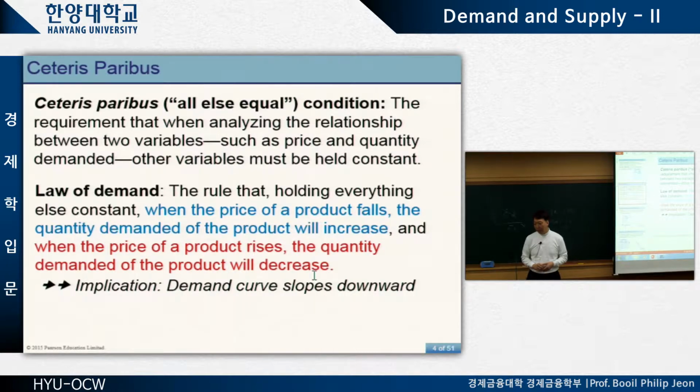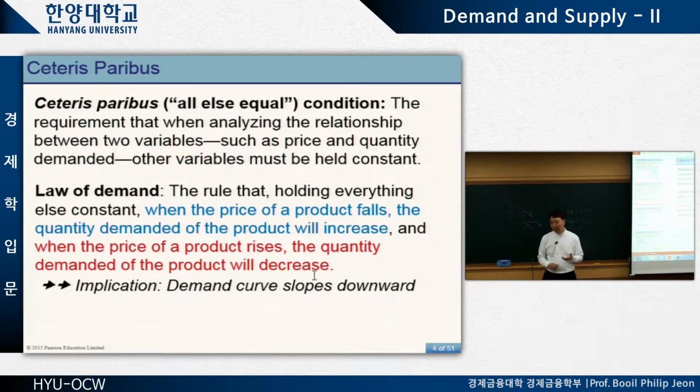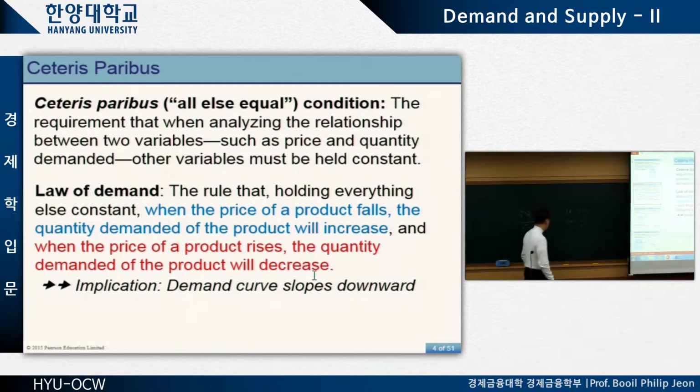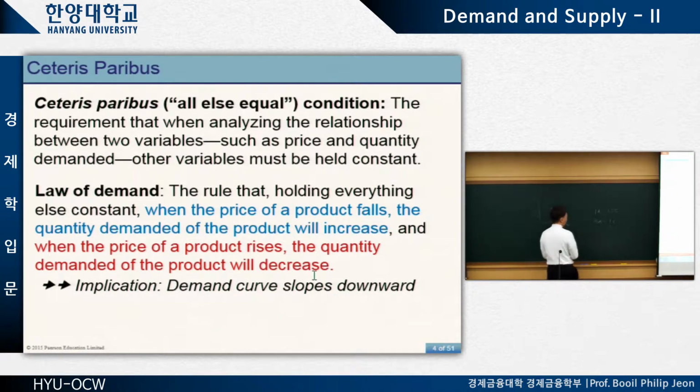Then, even when the price goes up, the quantity demanded may actually increase, right? Something like that. So the idea there is, in science, if you want to make any conclusion about the relationship between two variables, let's say x and y, right?